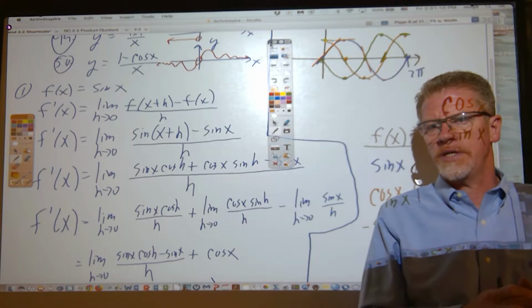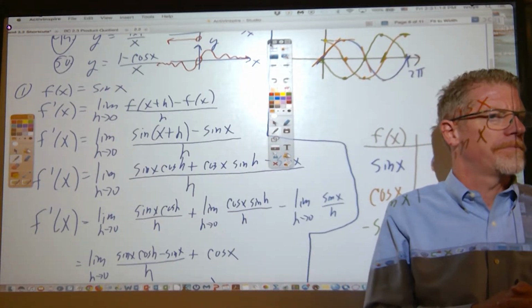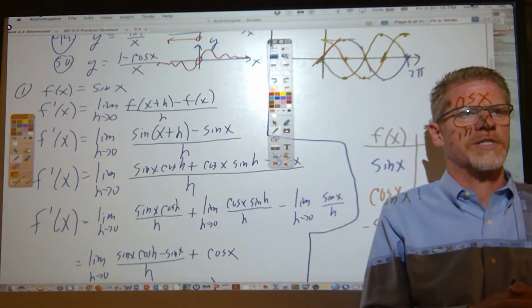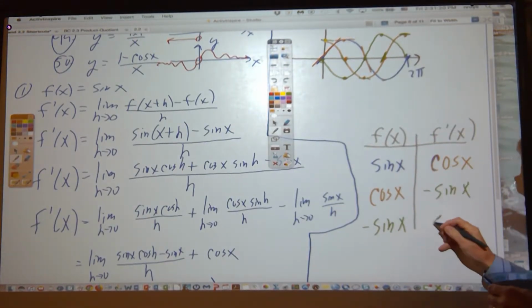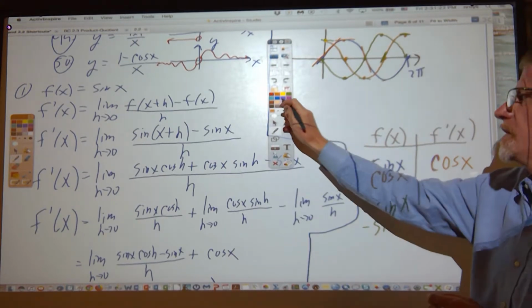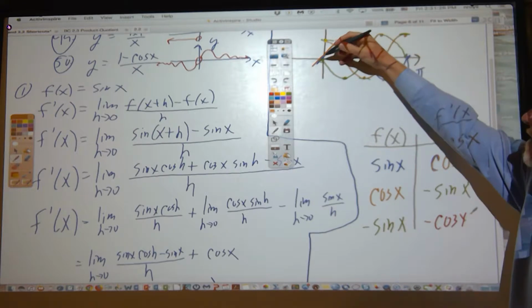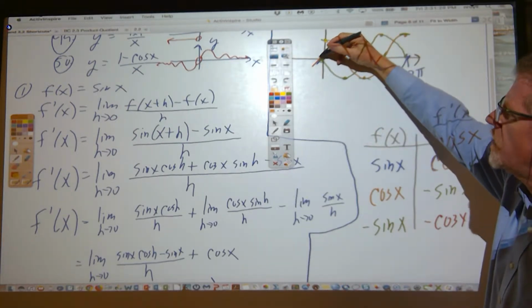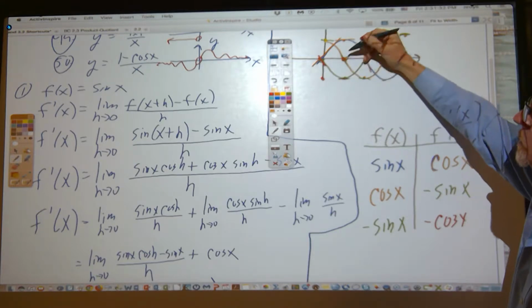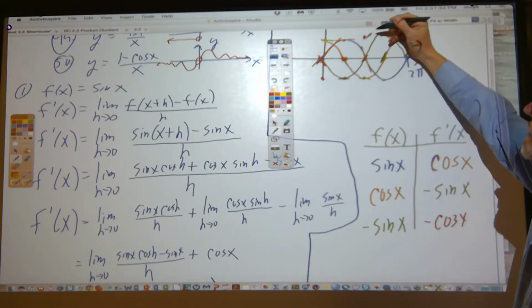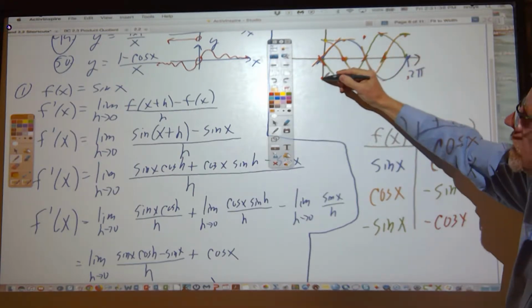What does it appear? All right, Crystal. Negative cosine x. I'm going to switch over to red for this. Negative cosine x does appear to be the graph of the derivative of the green graph, because the green graph has slopes of tangent lines at -1, 0, +1, 0, and -1 is what it appears to be.